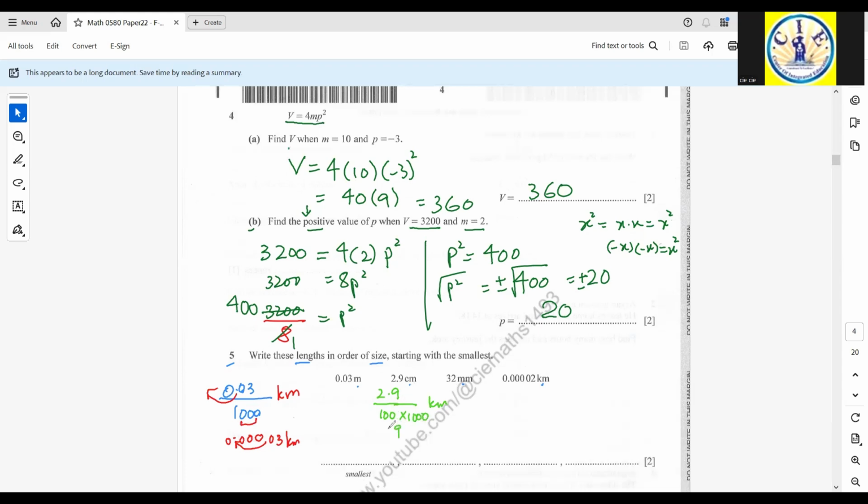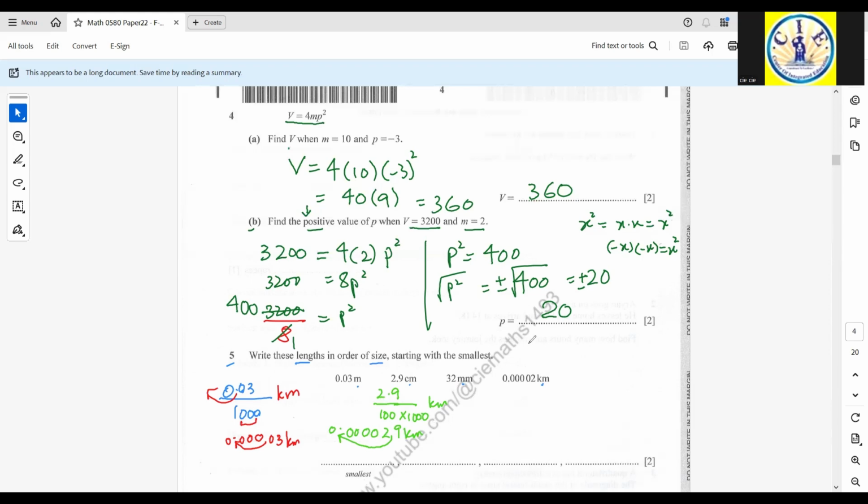So that will give me 2, and then 4 zeros, because the decimal has shifted 5 digits to the left. 4 are the zeros and 1 is the digit 2 itself. So that's why the decimal is here: 0.000029 kilometers.